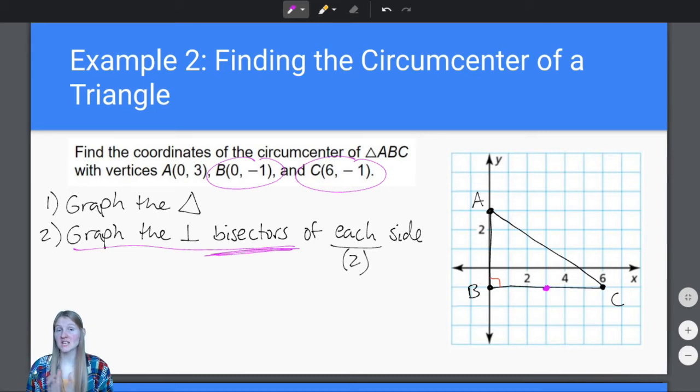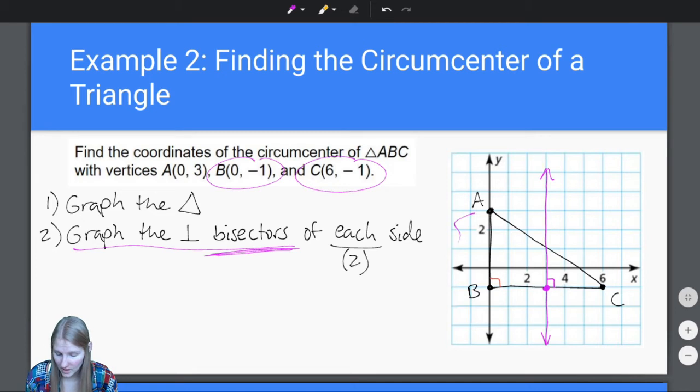Now, perpendicular, remember, vertical lines are perpendicular to horizontal lines. So because side BC is a horizontal line, we can just draw a vertical line straight through this. And we know that it's perpendicular, because vertical lines are perpendicular to horizontal lines. So there's one of our perpendicular bisectors.